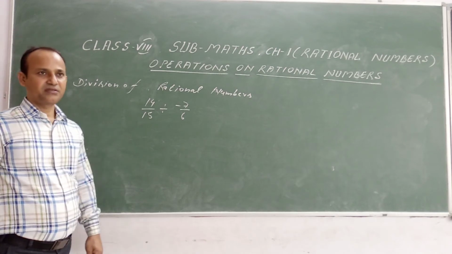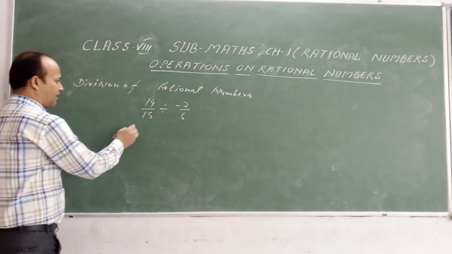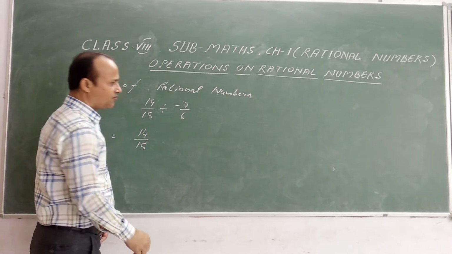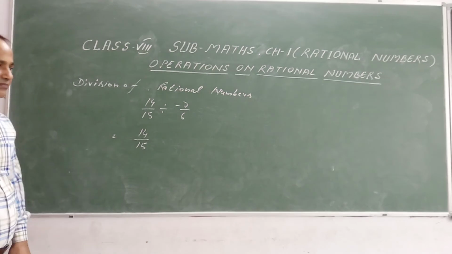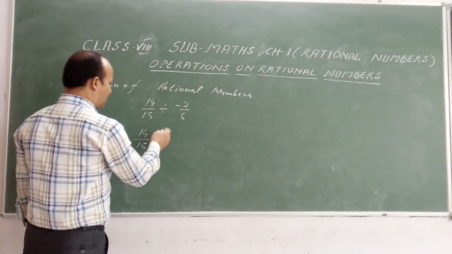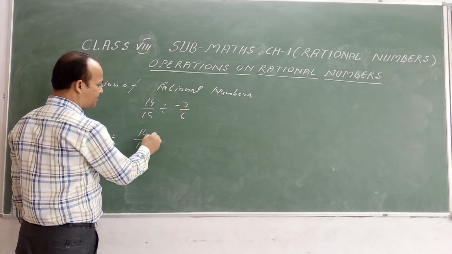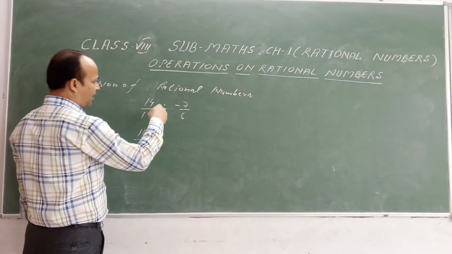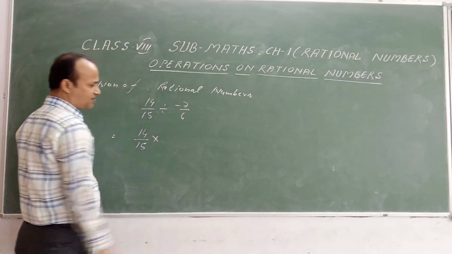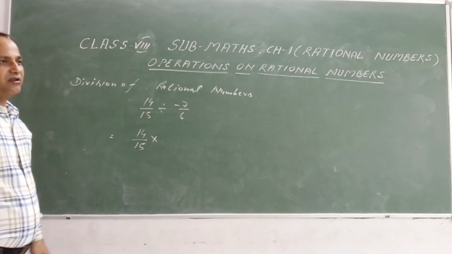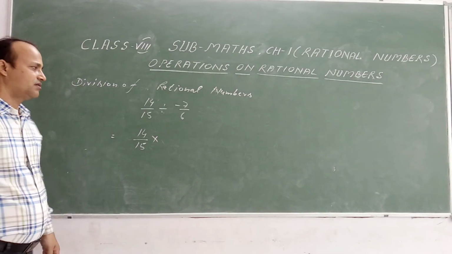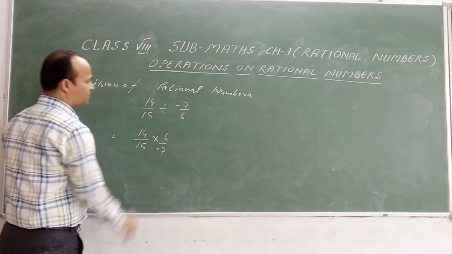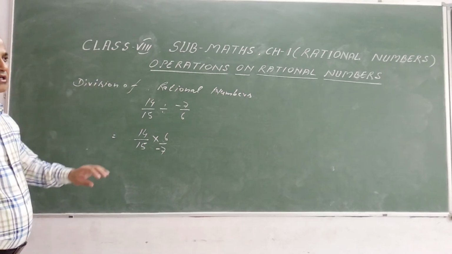In case of division, the first fraction, that is 14 upon 15, will be copied the same, and change the sign of division into multiplication, and the next fraction, minus 7 upon 6, will be written in its reciprocal form, like 6 upon minus 7.